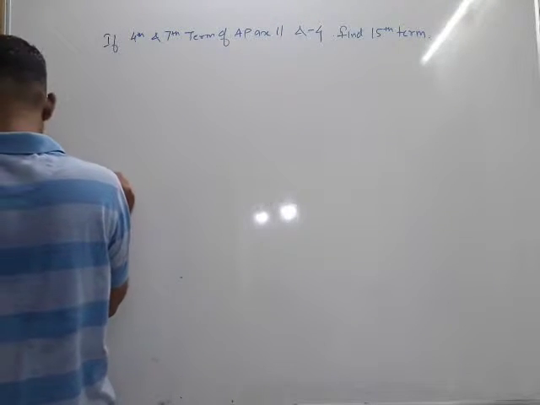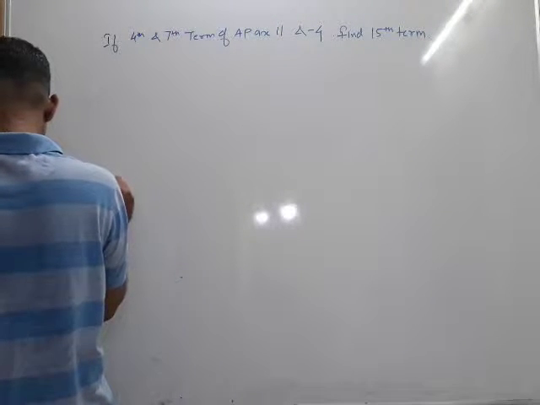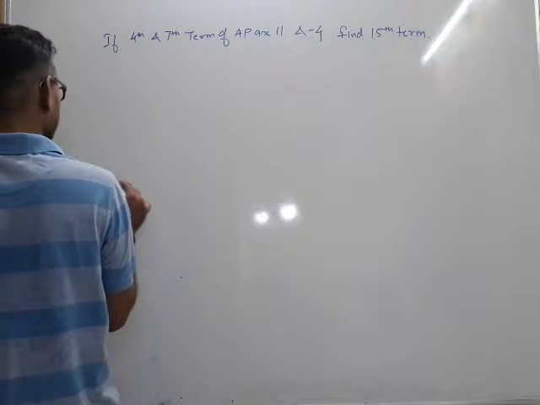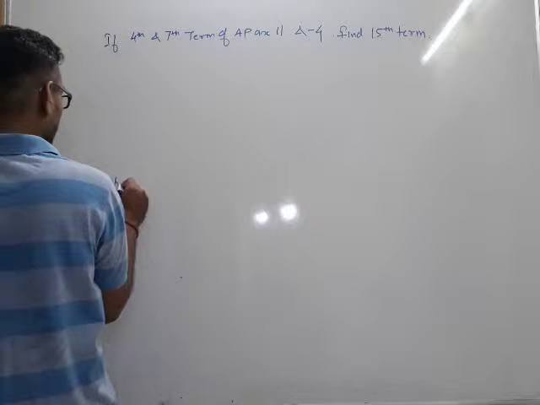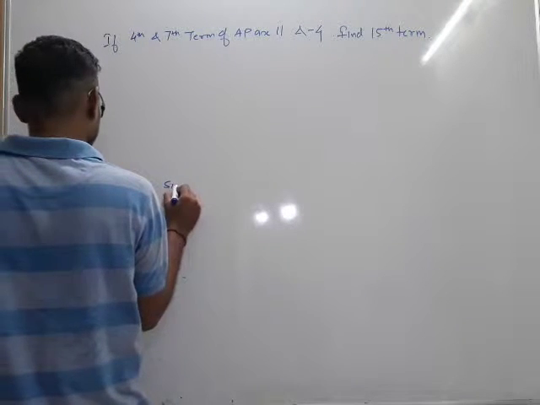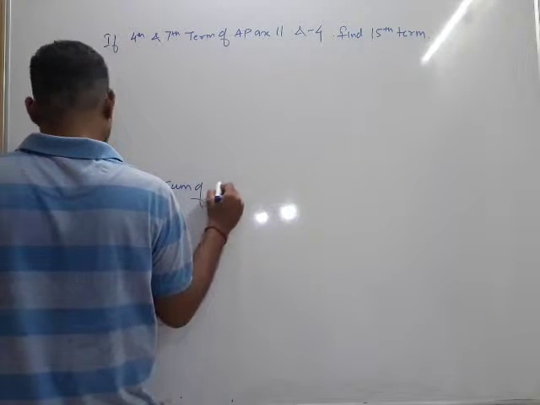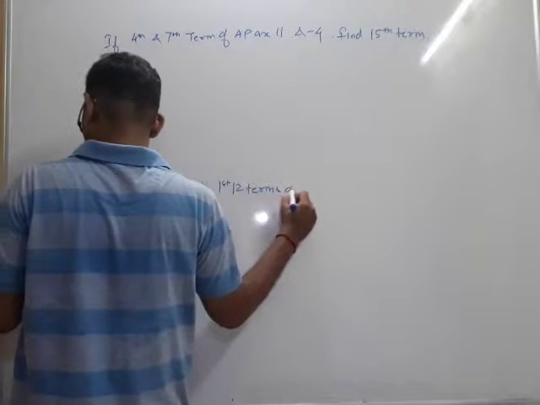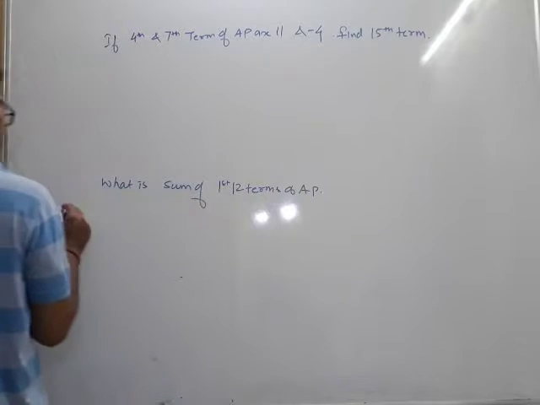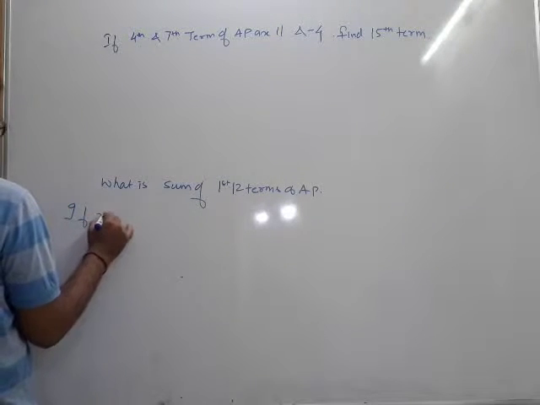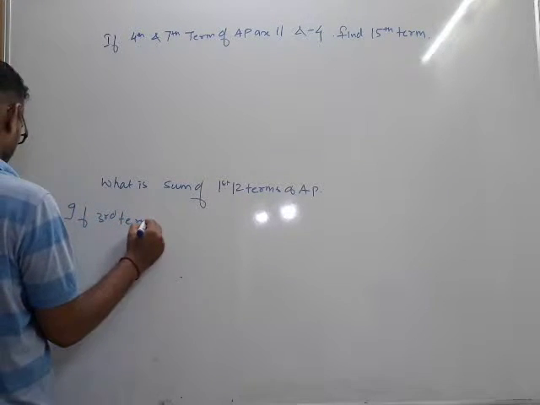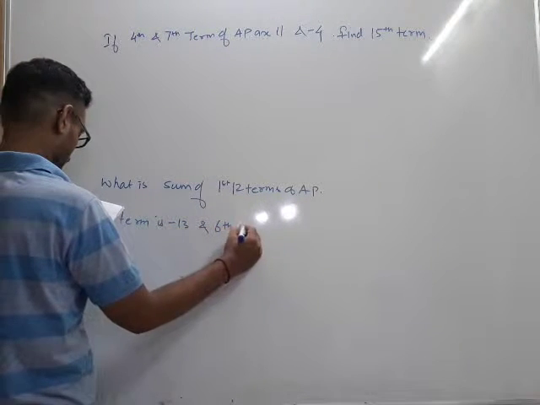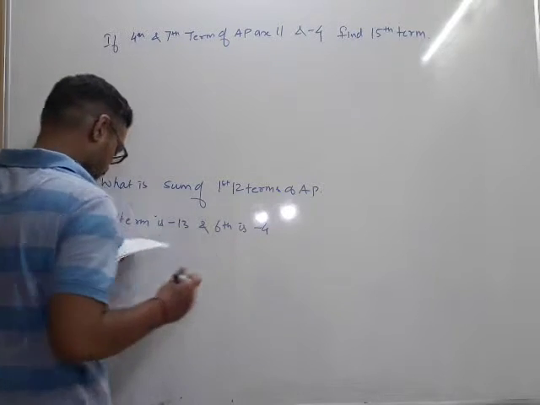And what is the sum of the first 12 terms of an AP if the third term is minus 13 and the sixth is minus 4.